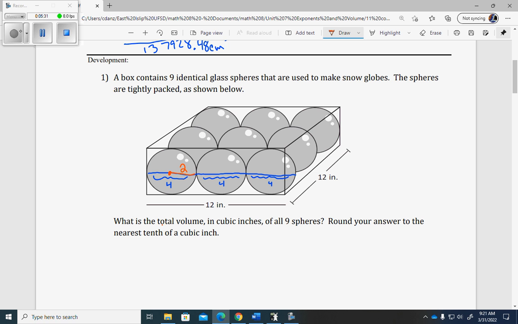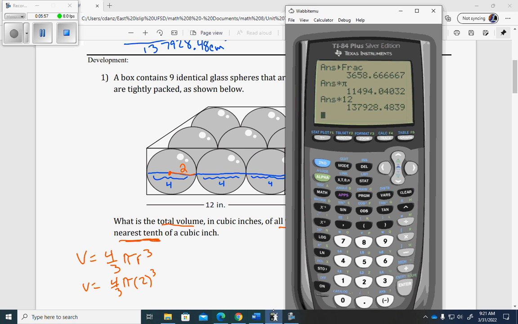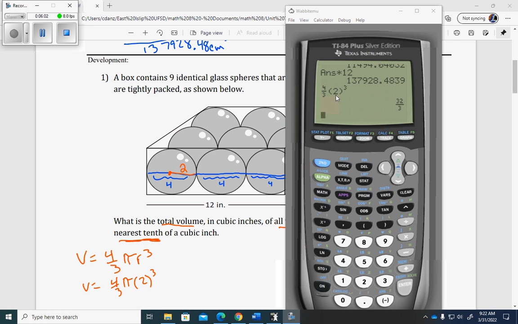They're asking for the total volume of all 9 spheres. So I'll find the volume of one sphere, then I'll multiply it by 9, and I'll make sure that my answer is rounded to the nearest tenth. So again, the formula for volume of a sphere is 4/3 pi r cubed. So I'll plug in 4/3 pi times 2 to the third power. When I type in 4/3 times 2 to the third power, I get 32/3.